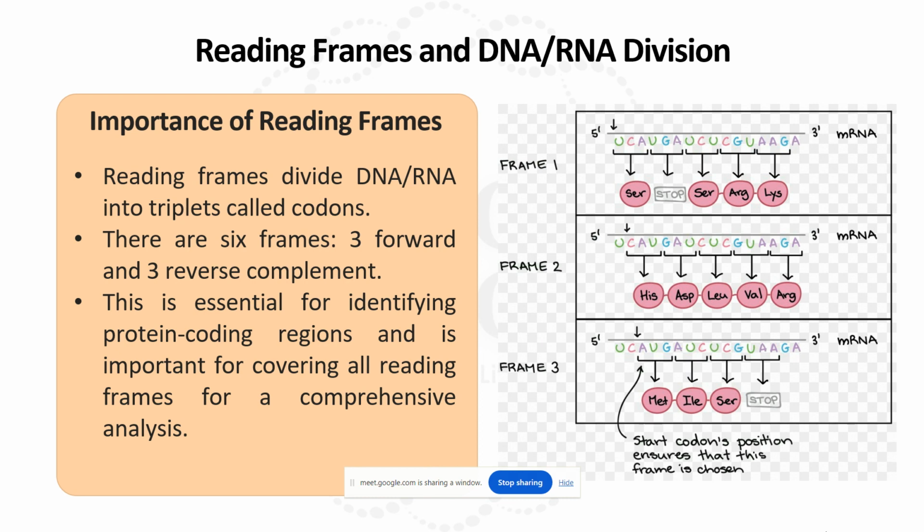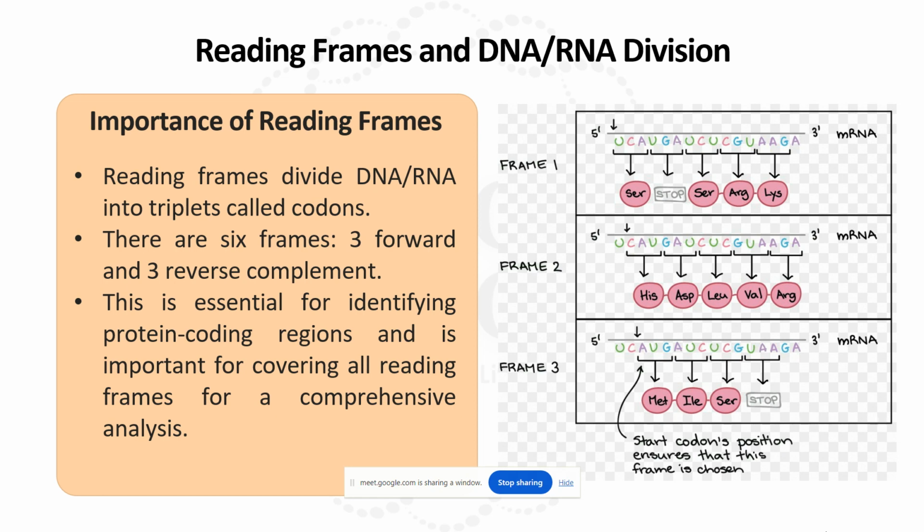Before going to BLAST, there is one thing we have to know: reading frames, because we will be using reading frames in the types of BLAST. To understand how BLAST aligns and how its background algorithm works, we have to know what a reading frame is.